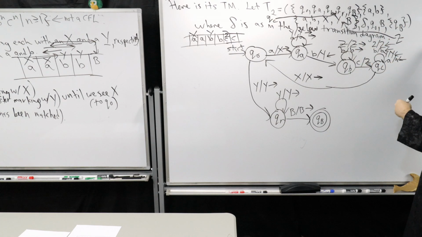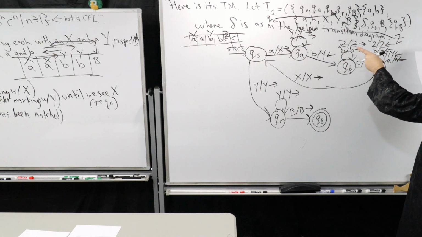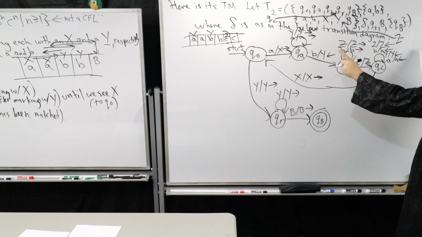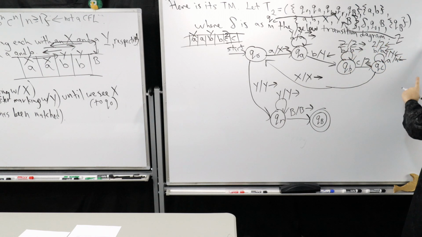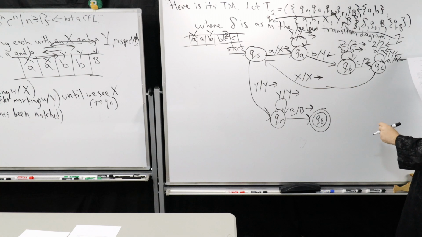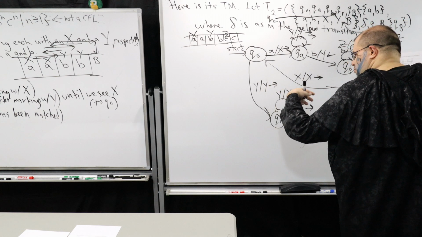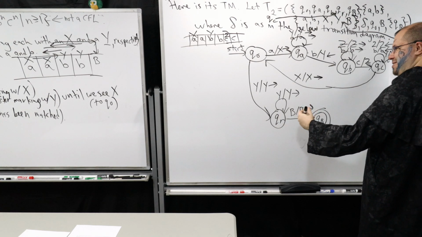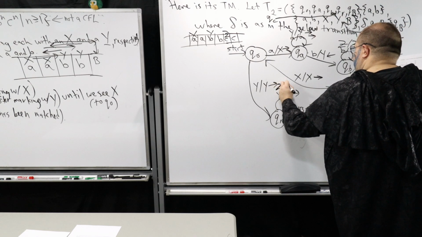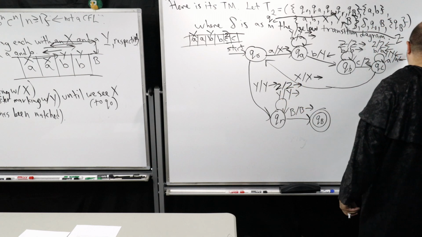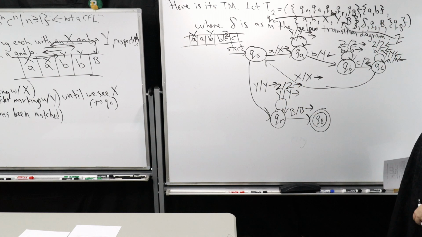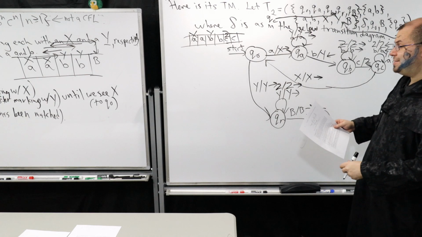If I have a B, I just keep the B there and go right. And here, I think that's the exact same. Yeah, that hasn't changed. This is good. And I have to just account for the Zs, because when I hit the first Y, I have to make sure I can get past those Zs. And really, that's all the modifications you need to get L1.